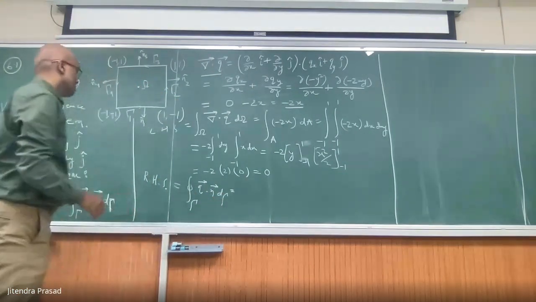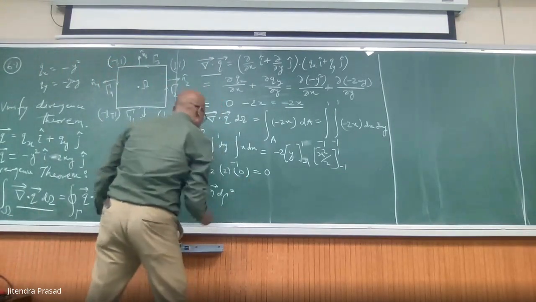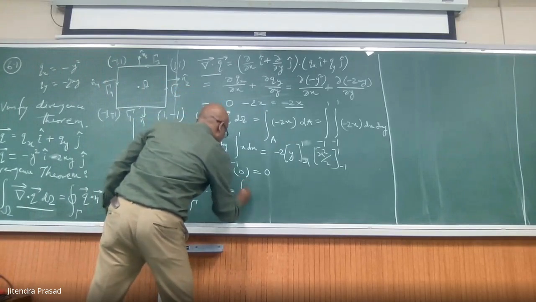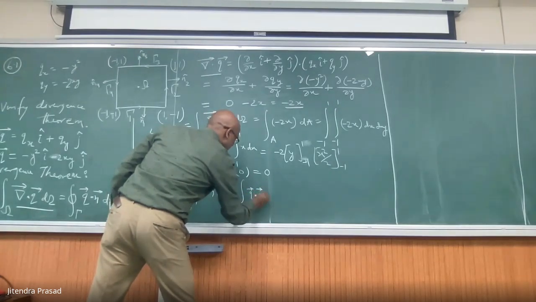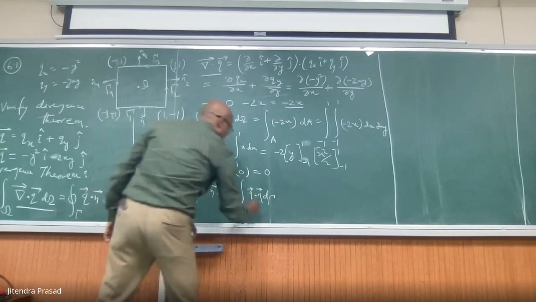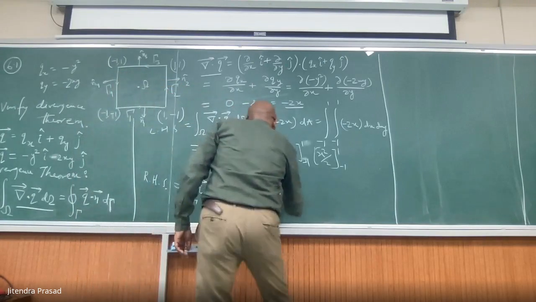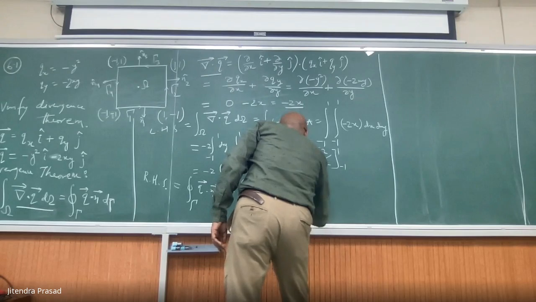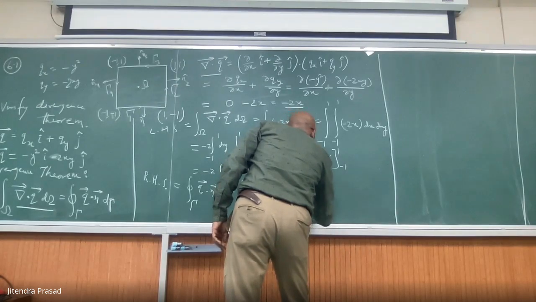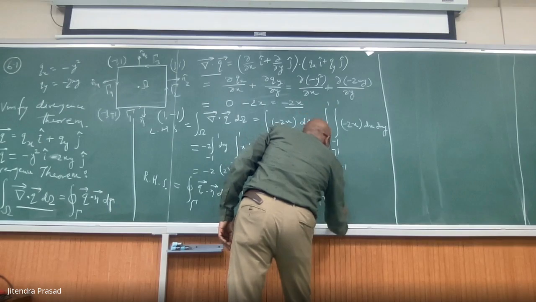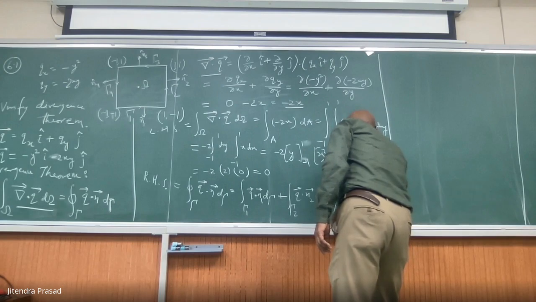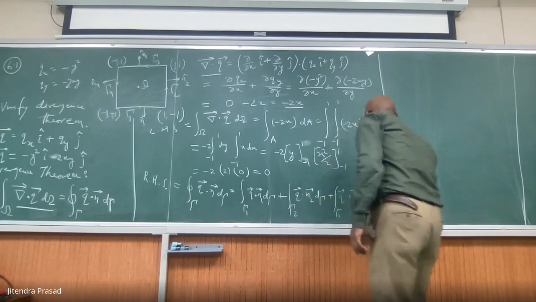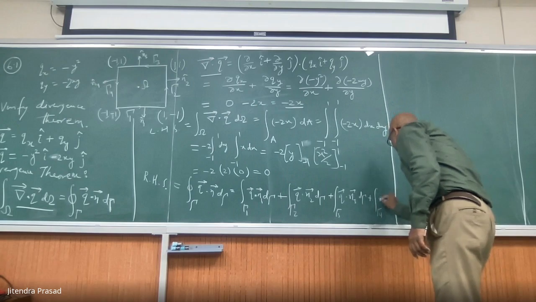The meaning of this is we are going to get gamma 1: Q dot N1 d gamma over the gamma 1, plus gamma 2 Q dot N2, plus gamma 3 Q dot N3 d gamma, plus gamma 4 Q dot N4 d gamma.